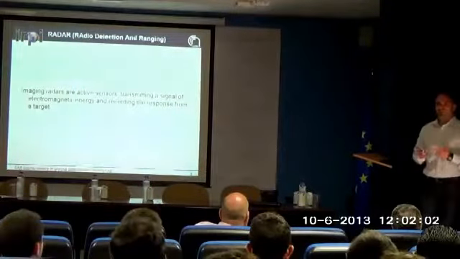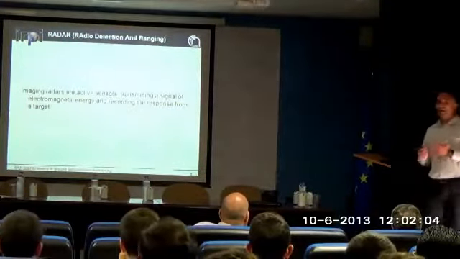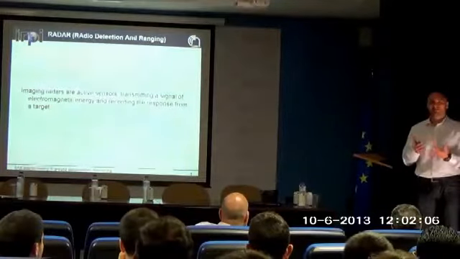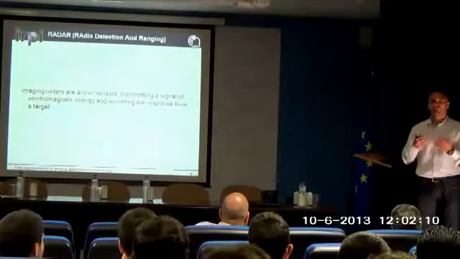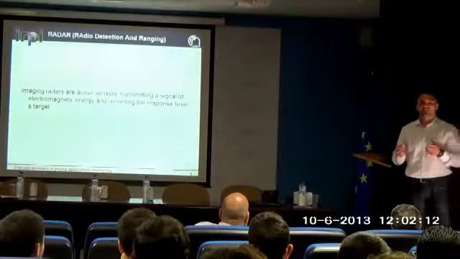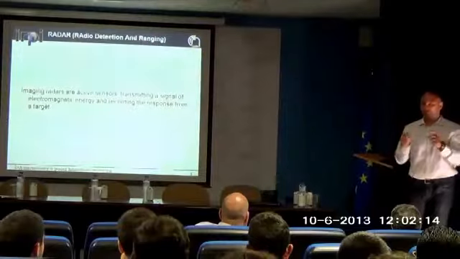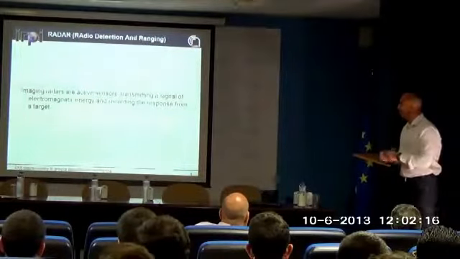But what is a radar? Radar are active sensors. An active sensor is a sensor that provides its own illumination. It's not like a camera, like a photograph that you take.